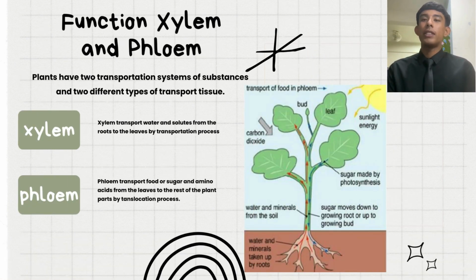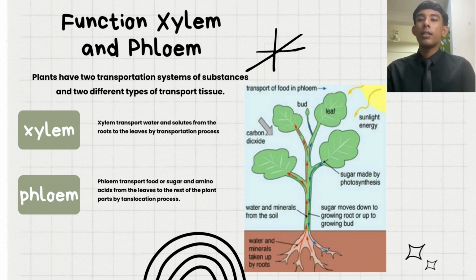Functions of xylem and phloem. Xylem transports the water and minerals from the roots to the leaves by the transportation system, while phloem transports food, or sugar and amino acids, from the leaves to all parts of the plant.